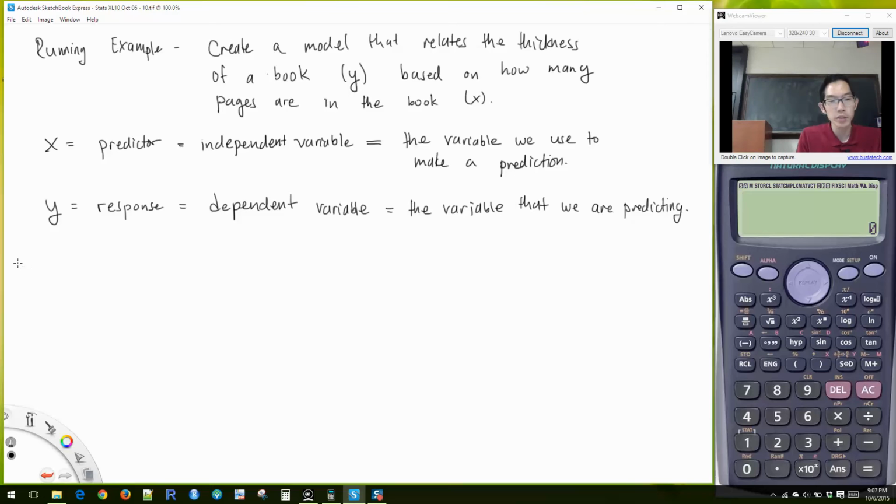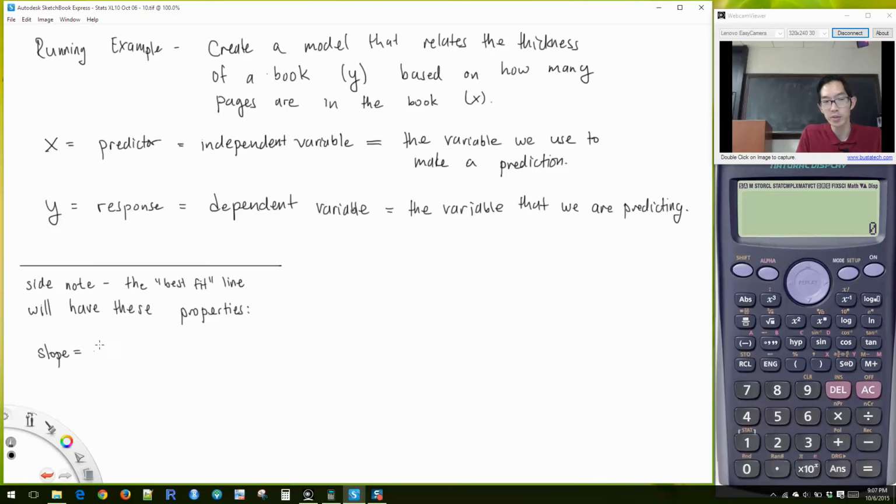I'm going to create a side note here. We're just going to say the quote best fit line will have these properties. The slope, you guys remember what the letter that we use for slope is?